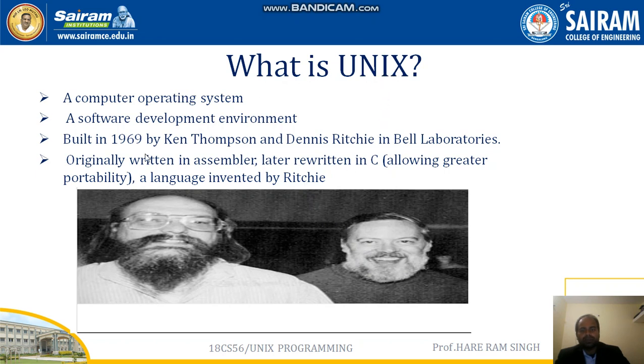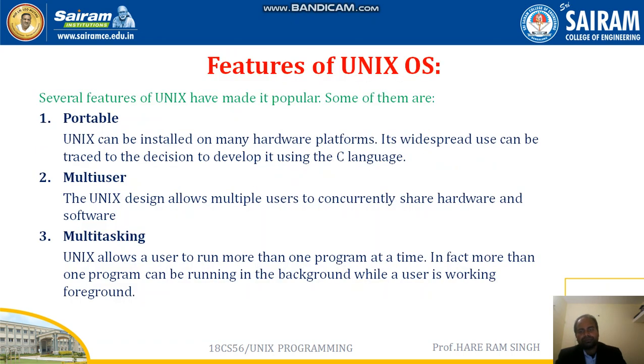So the Unix operating system, first of all, was written in assembly language. Later on it was rewritten in the C programming language. Next, let us come to know the features of the Unix operating system. It has several features, like portability.